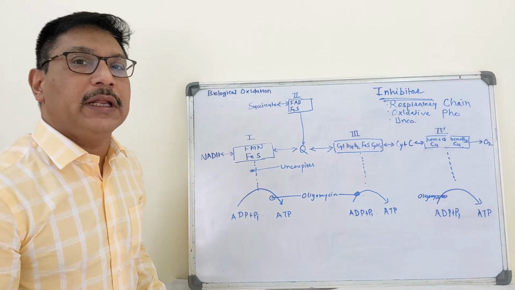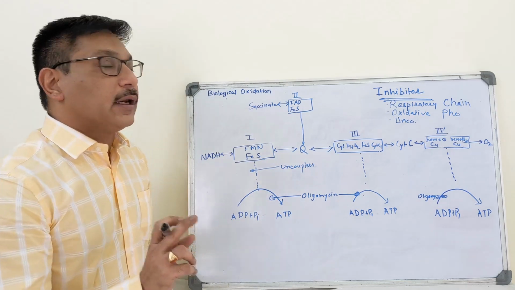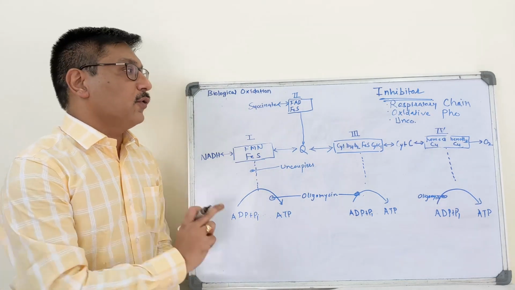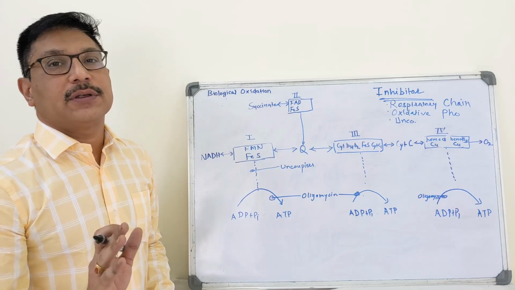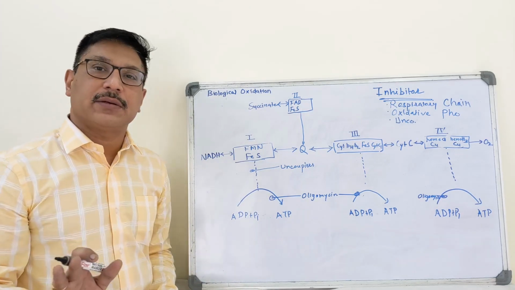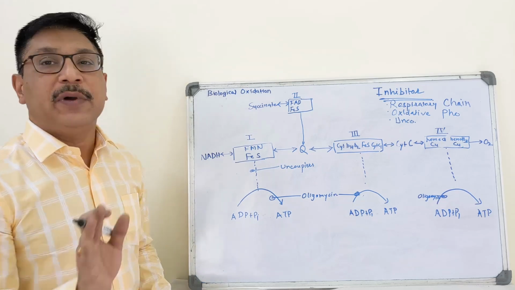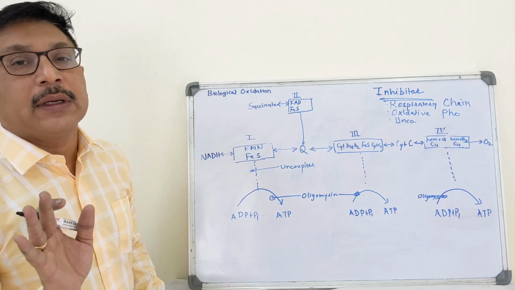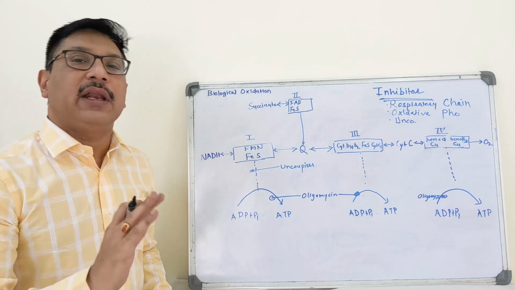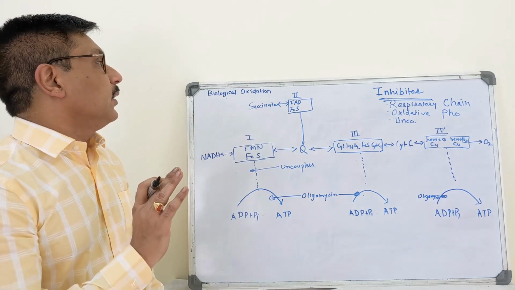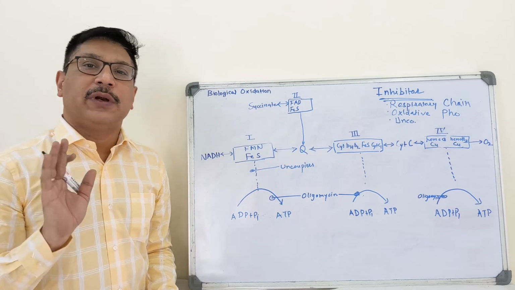Now let us see inhibitors of the respiratory chain, inhibitors of oxidative phosphorylation and uncouplers of oxidative phosphorylation. Coming first to inhibitors of the respiratory chain: various compounds inhibit transport of electrons at various levels in the electron transport chain.